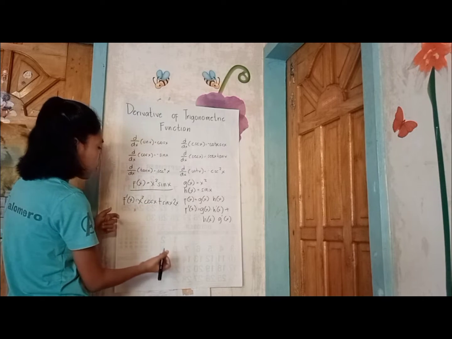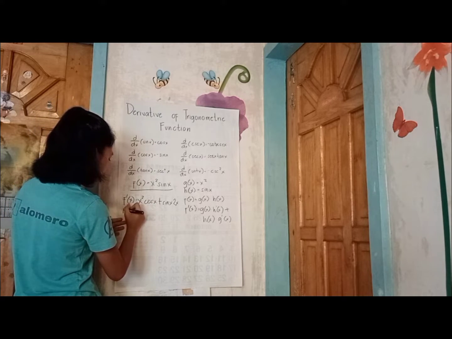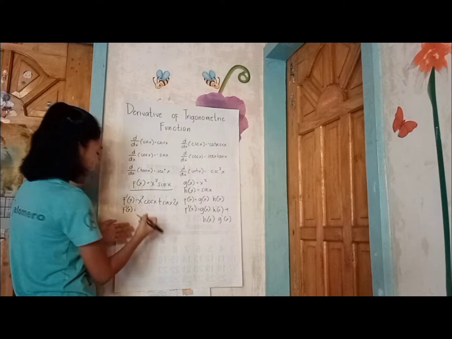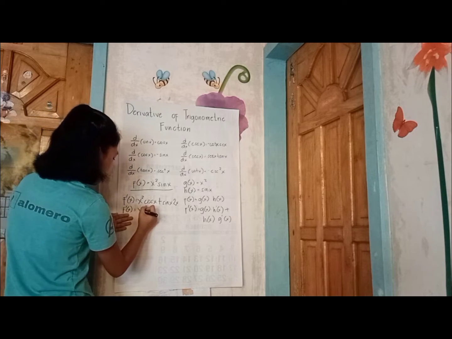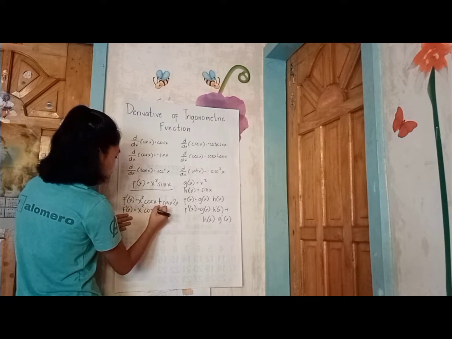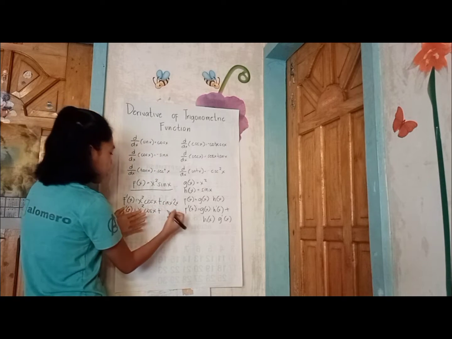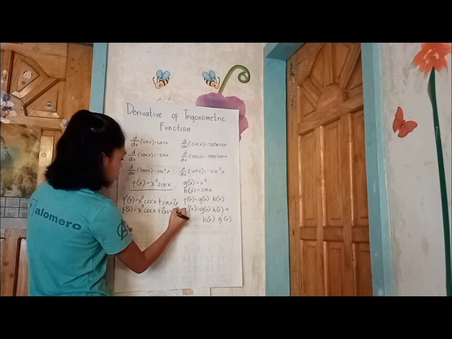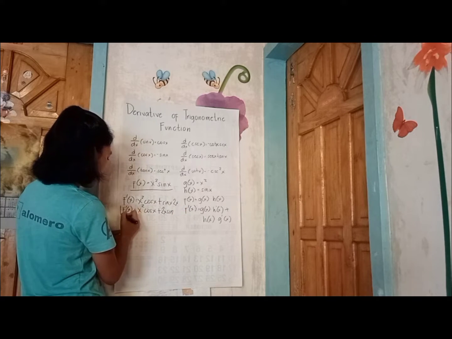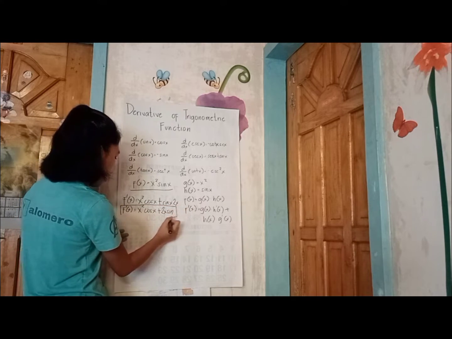Then we will solve this. Therefore, our answer is f prime of x is equal to x squared cosine x plus, we can write this as 2x sine x. So this is our final answer.